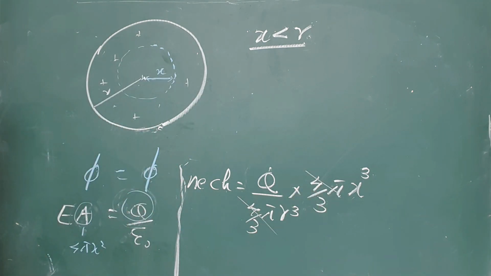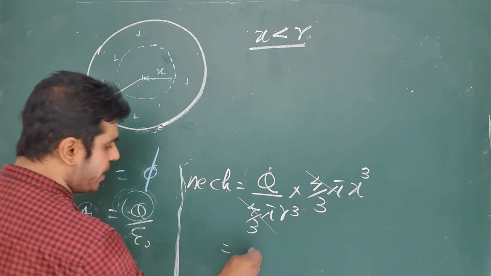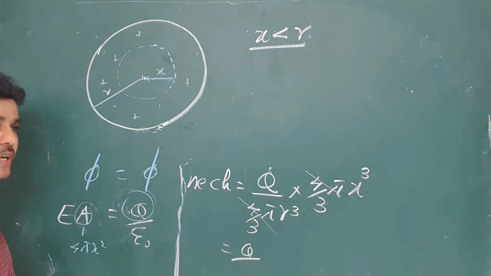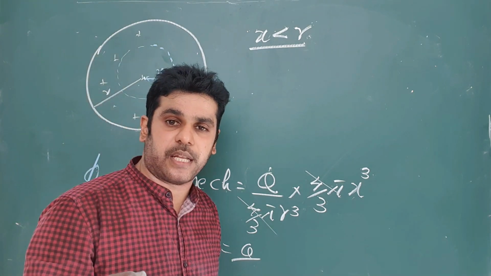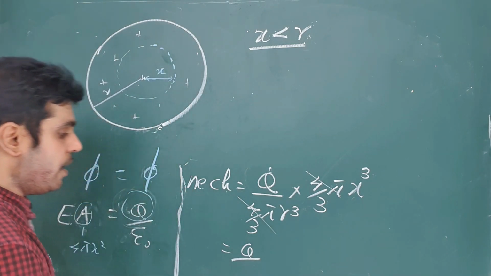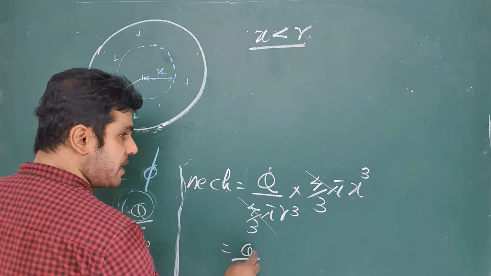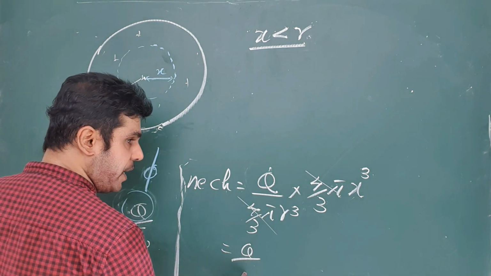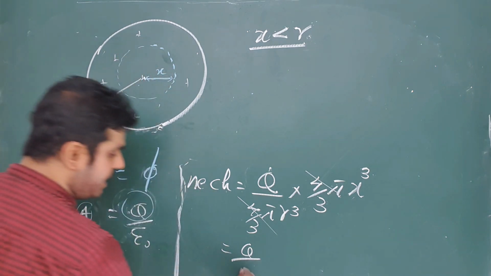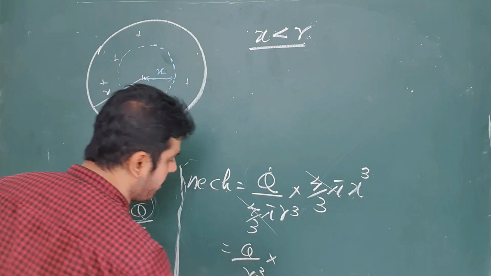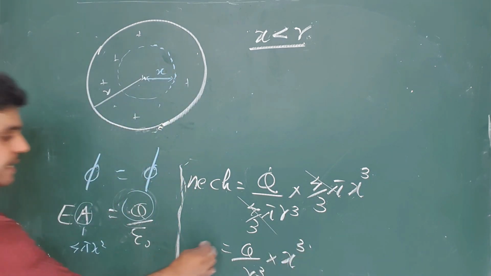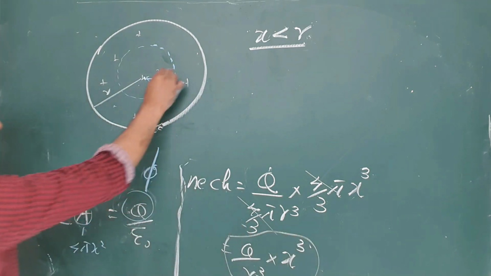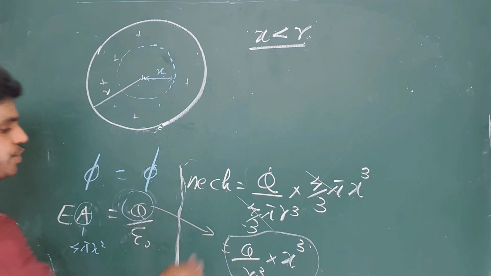Always, when you do the calculation inside the dielectric media, the given charge should be divided by the whole radius cube, then multiplied by the necessary distance cube. Now this is the charge inside the Gauss surface. This should be the value when we do the calculation.